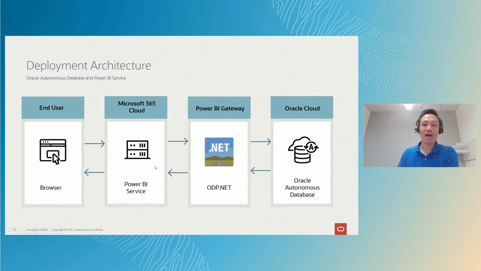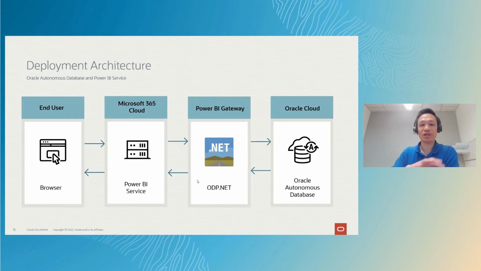And that's because ODP.NET is its own separate layer. It's not really part of Power BI Service, which is SaaS, and it's a client component, so it's not part of the database server. So it has to exist on a separate machine.